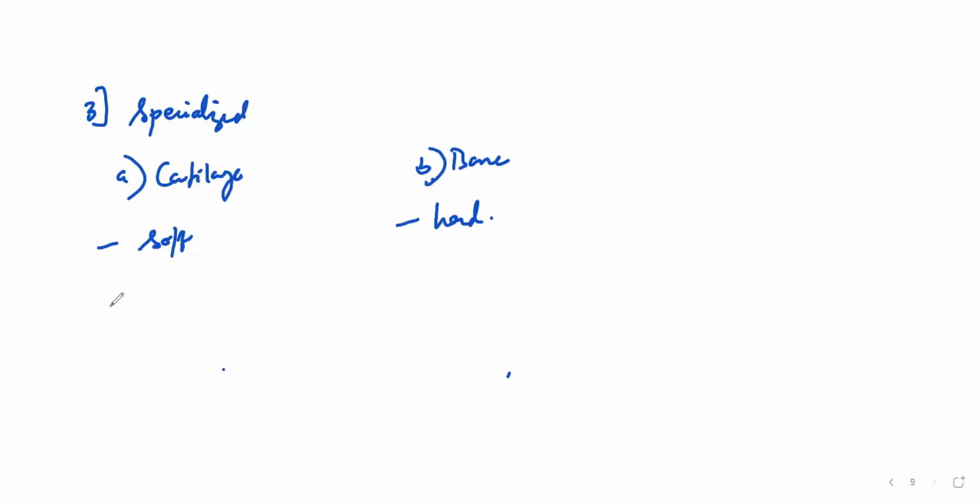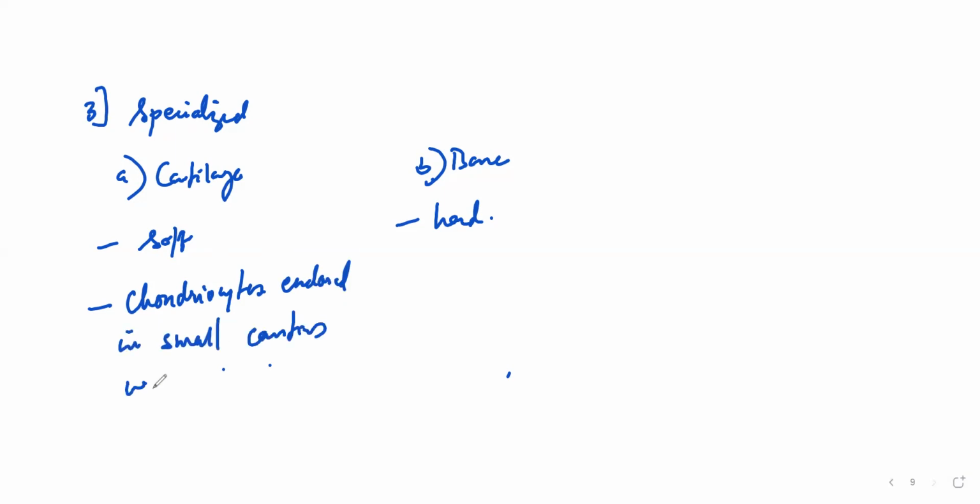Then in the cartilage there is something which is called chondrocytes. So these chondrocytes will be enclosed in small cavities with the matrix. Whereas here, this bone will be rich in what? Calcium salt and collagen fibers.